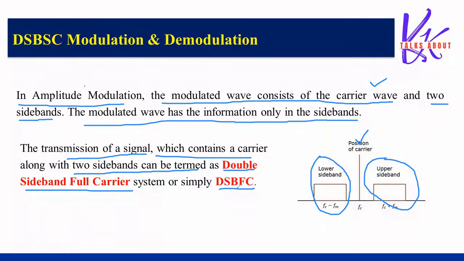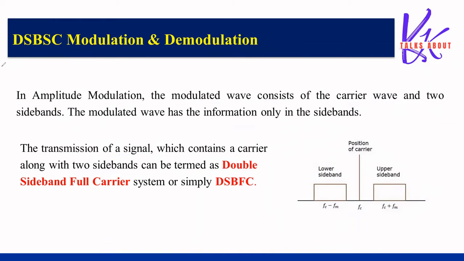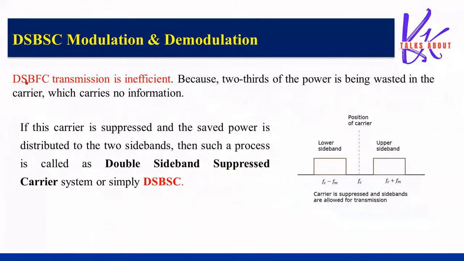So why is the carrier not required? It has no information to be transmitted. So let us see now. In DSBFC, the transmission is inefficient because 2/3 of the power is getting wasted in the carrier, which carries no information.